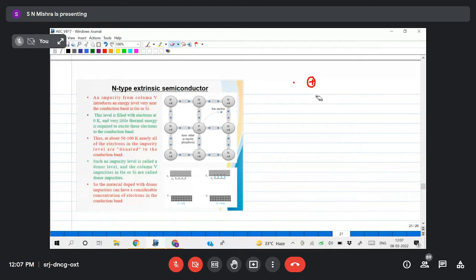So a positive ion with a free electron generated. So as a whole, the material is still neutral because the electron is present in the structure only.